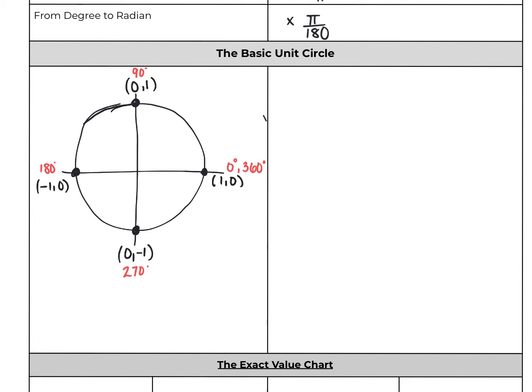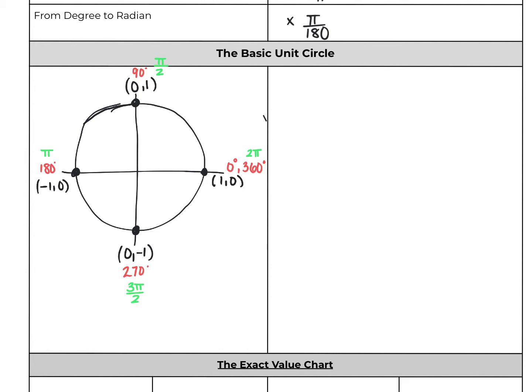So 0 is still 0 radians, 360 is 2 pi, 90 will be pi over 2, 180 is pi, and 270 is 3 pi over 2. So those are the main radian conversions. You'll learn that in calculus, we use a lot more radians than we use degrees. So let's try to get comfortable using those.